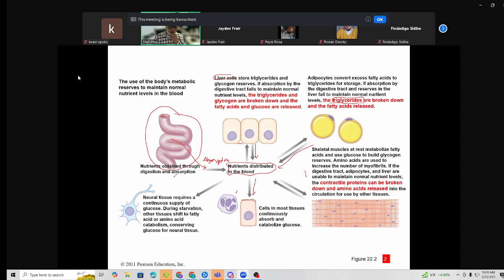And then we do not get anything from the nerve cells. Nerve cells are the ones who always need a supply of nutrient. So especially during starvation, the tissue shifts to fatty acid or amino acid that I just told you, but mostly the glucose from the nutrient pool should be transferred.